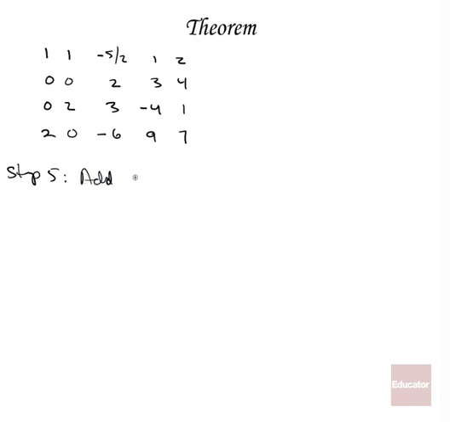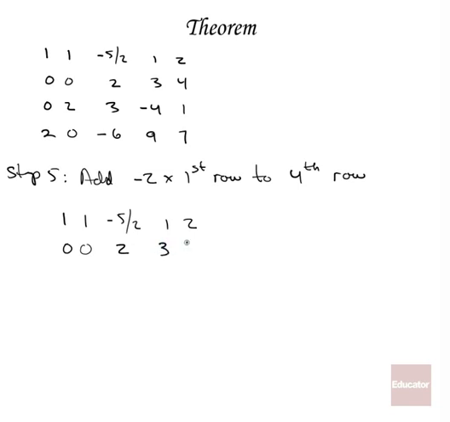Add negative 2 times the first row to the fourth row. Nothing changes in the other rows.